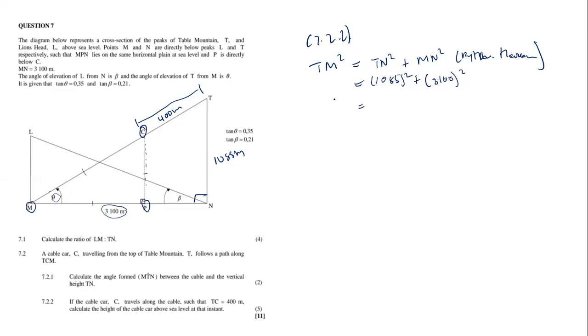We get TM squared. Let me do it like this. And then under the root sign, we get that TM is equal to 3,284.39 meters.